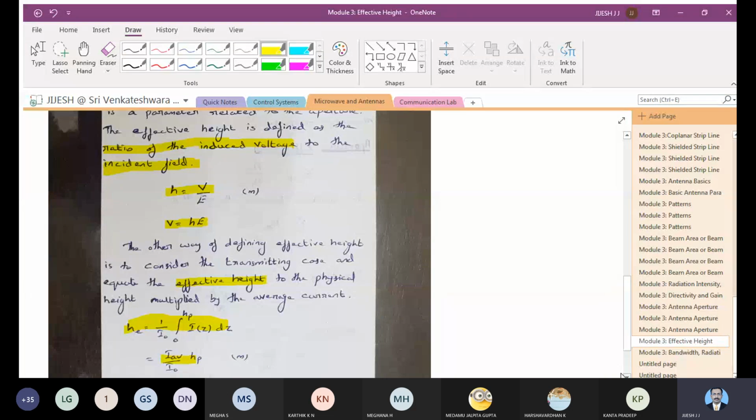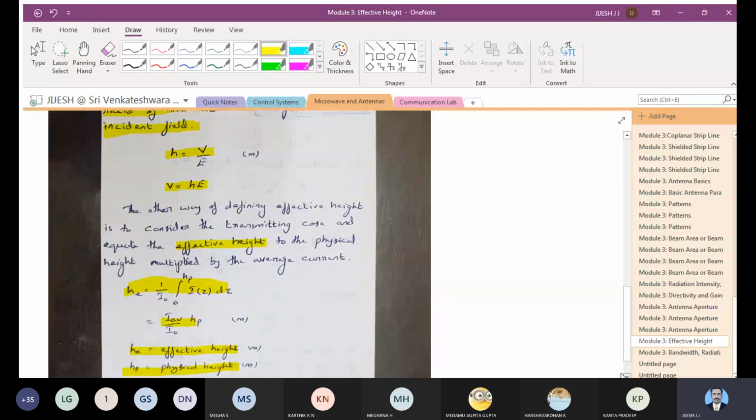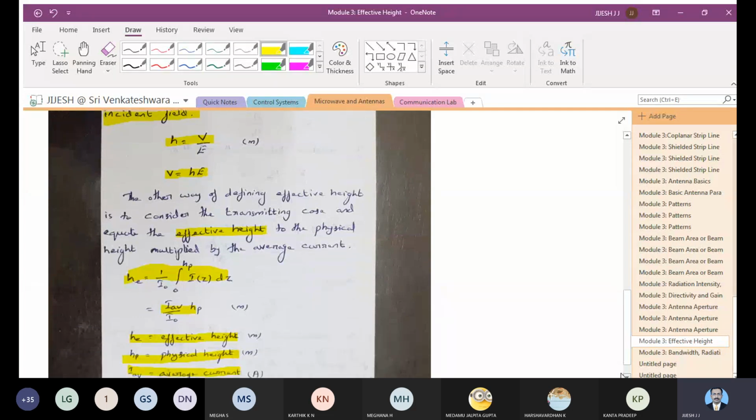So all of you complete these equations. Next we will be studying about the bandwidth and radiation and all those things.